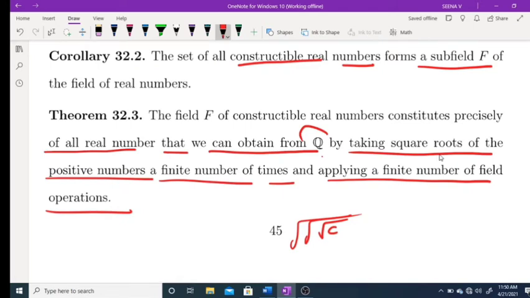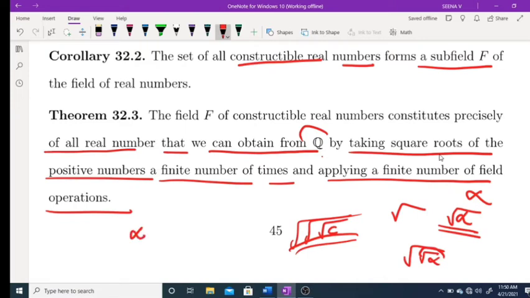To apply this square root, first we have to prove that if alpha is any constructible number, then root alpha is constructible. Once we prove root alpha is constructible, then root of root alpha is again constructible.